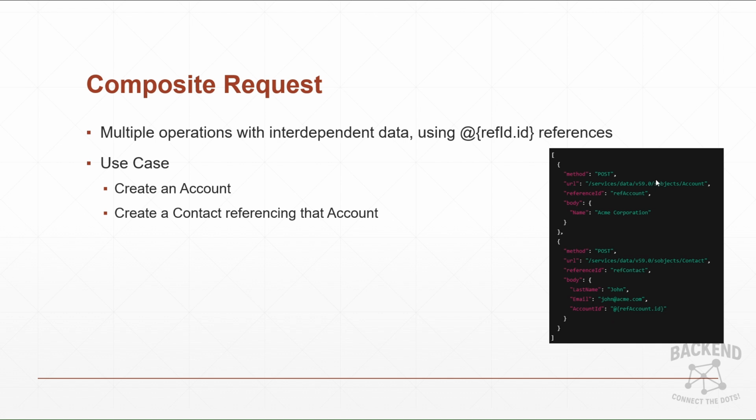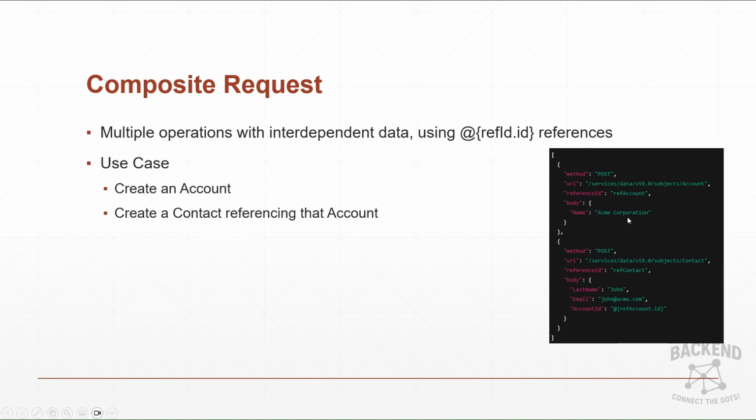This is a composite request, where each sub request can be dependent on the others. While performing this request, if the account was not able to be created due to some error, the contact will not be created. So one sub request is dependent on the other.